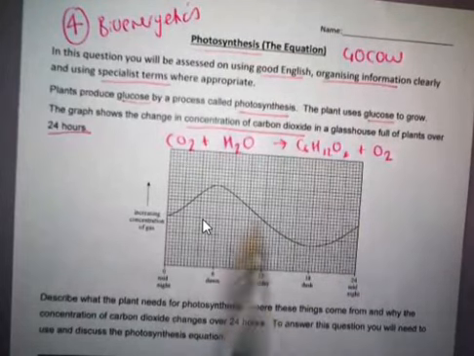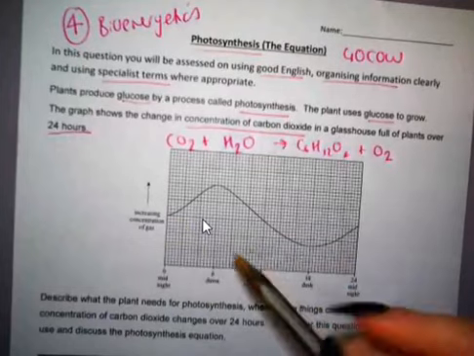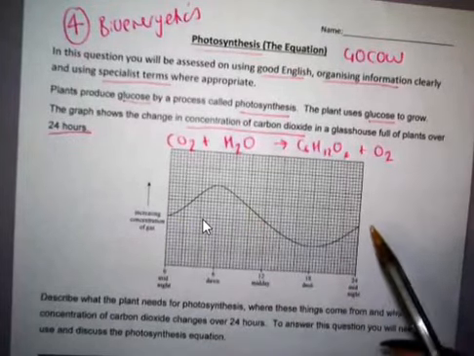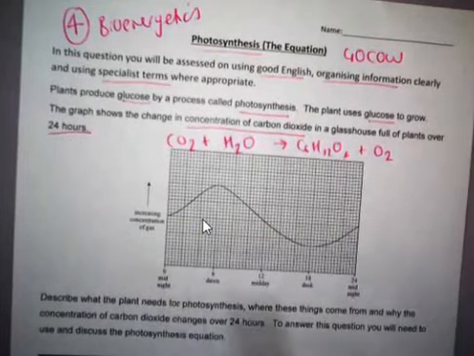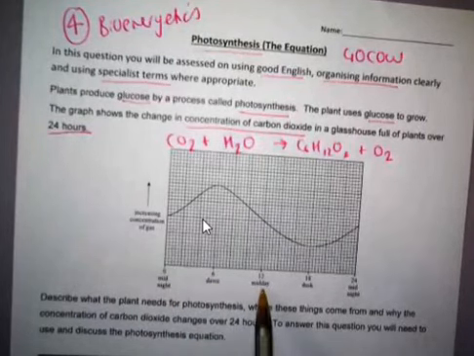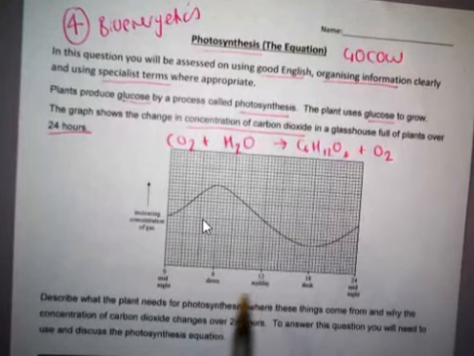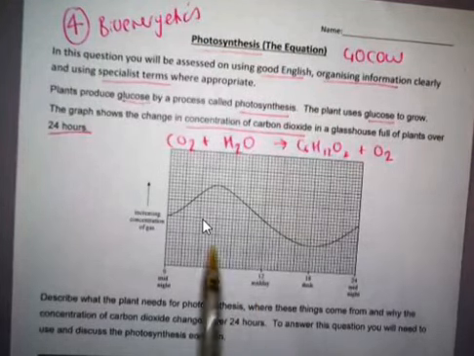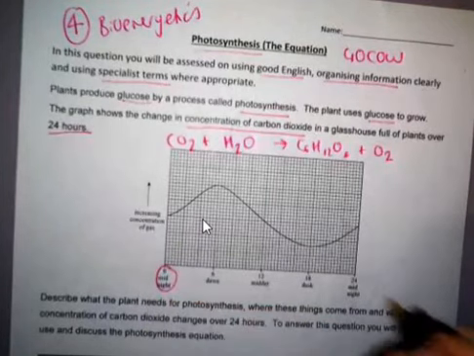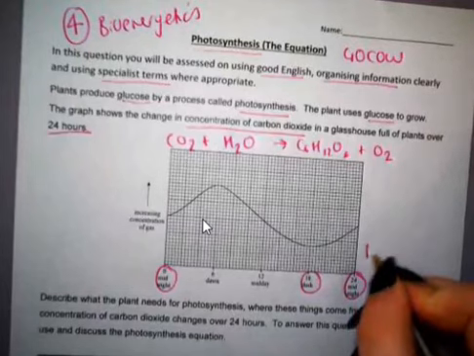Now looking at my graph, I can see the concentration of this carbon dioxide goes up and down, it fluctuates. Now if I look at the times of day, between midnight, dawn, midday, dusk and midnight, something is happening, and it's due to the amount of light available, because between dawn and midday we have high amounts of light, but at midnight and dusk we have low.